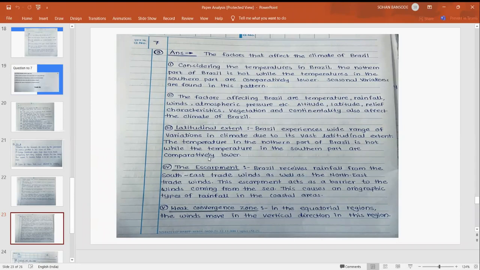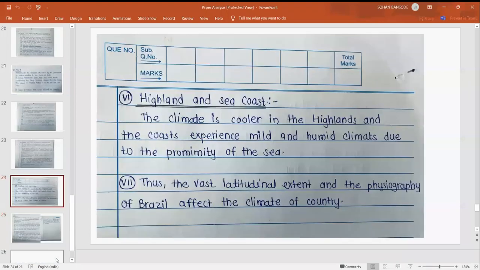This escarpment acts as a barrier to the winds coming from the sea. This causes an orographic type of rainfall in the coastal areas. Weak convergence zone. In the equatorial regions, the winds move in vertical directions in this region. Okay, this is the remaining part of the answer.